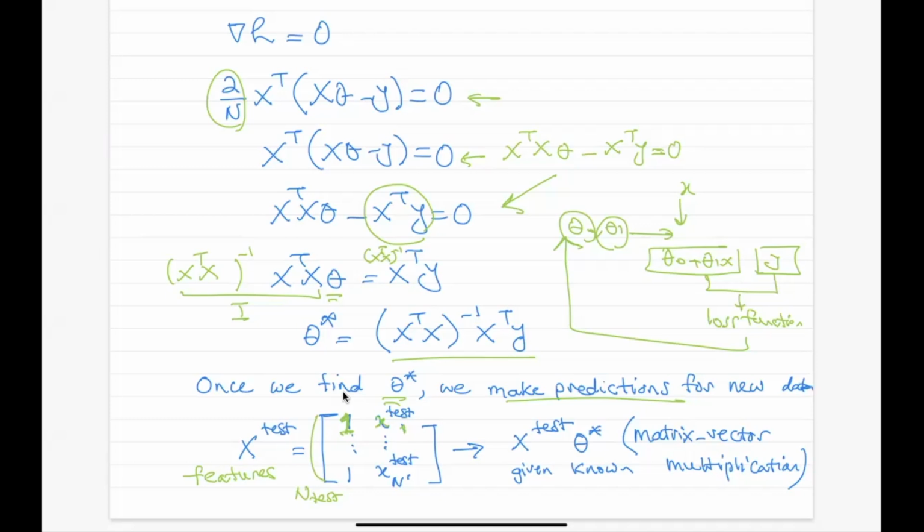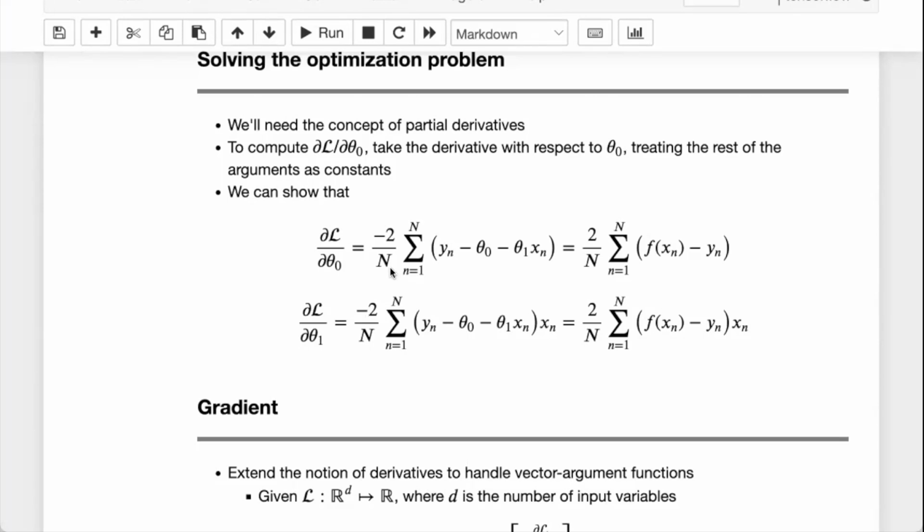So this is also of size n test by 2. And in order to find this linear combination between theta 0 and theta 1 and these features, you can do this in one step by multiplying this x matrix by this vector theta. And this is just a simple matrix vector multiplication. And in one operation, it will give you predicted values for all the testing data points.